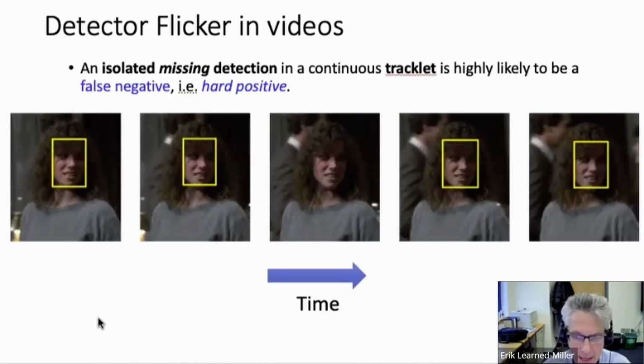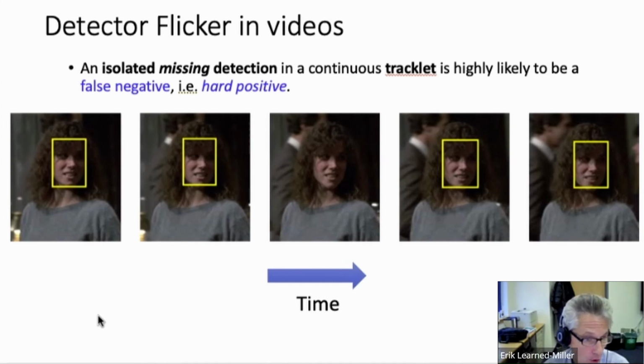This is an example of what we call an off flicker, where you had a series of successful detections, yellow, yellow, yellow, yellow, and then no detection, and then yellow and yellow again. When you see this kind of pattern in the detections in a video, you can usually assume that the example was a face, but it was not detected.